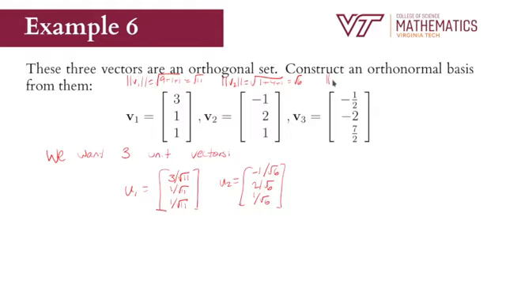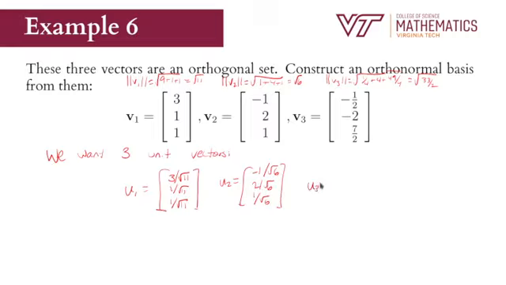And then for the last one, the magnitude of v3 is the square root of 1/4 plus 4 plus 49 over 4. We did that calculation before. Those fractions add up to 33 over 2.